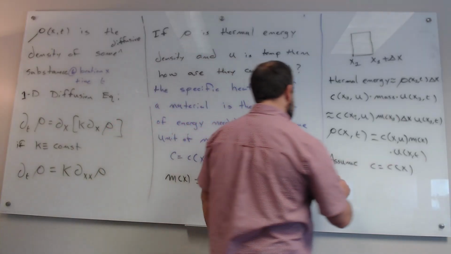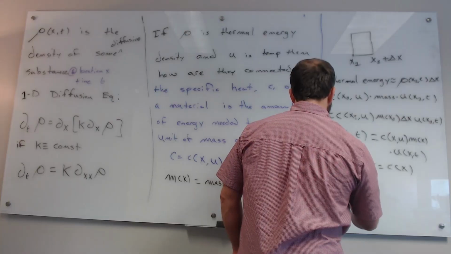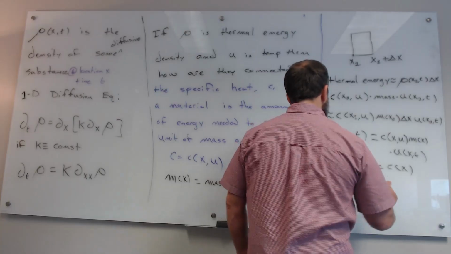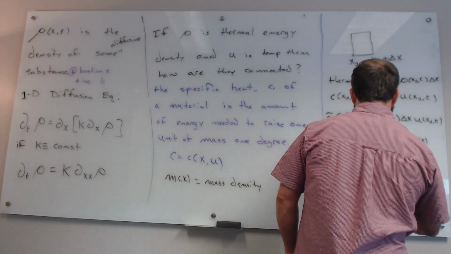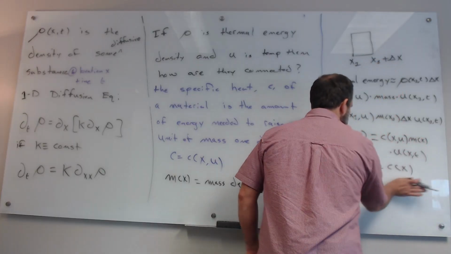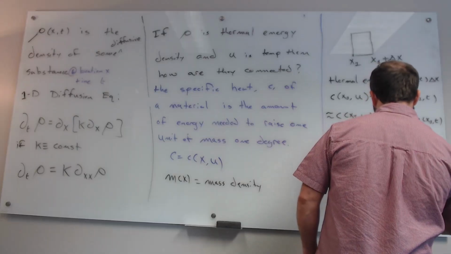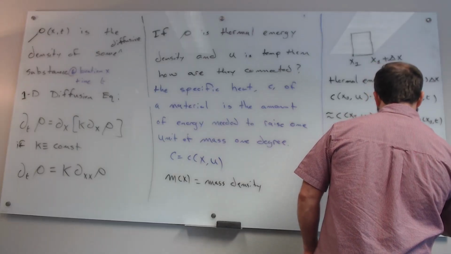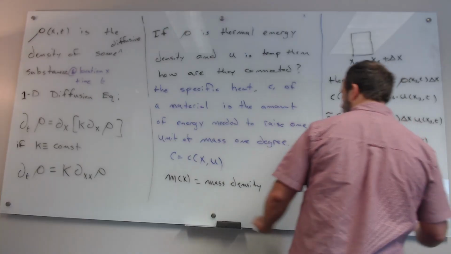And so in that case, we're going to get rho of x,t is equal to c of x times the mass, m of x, times u of x,t.